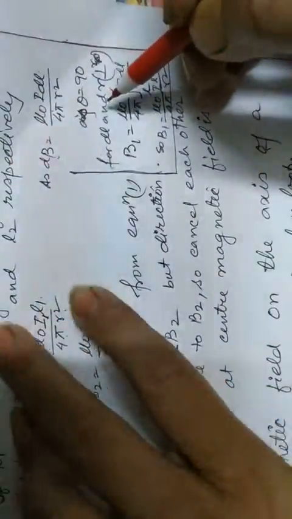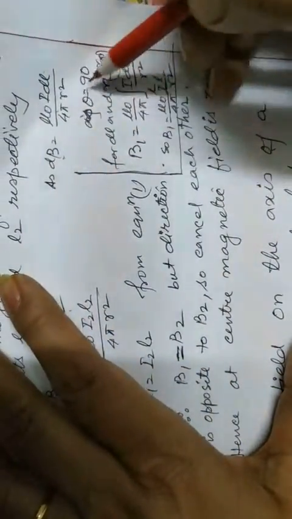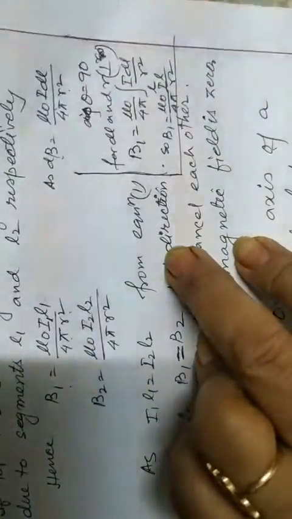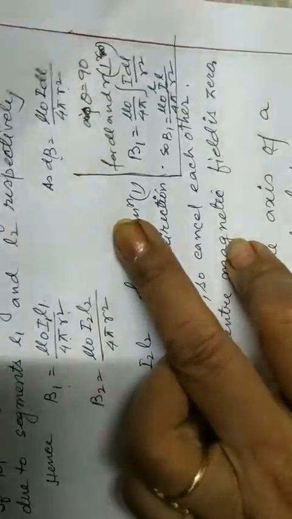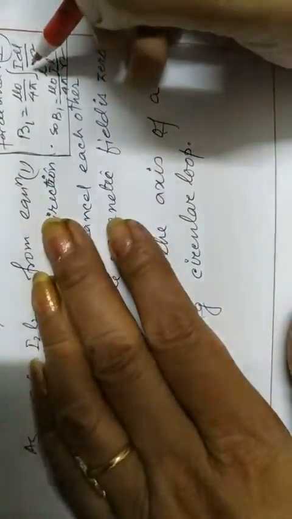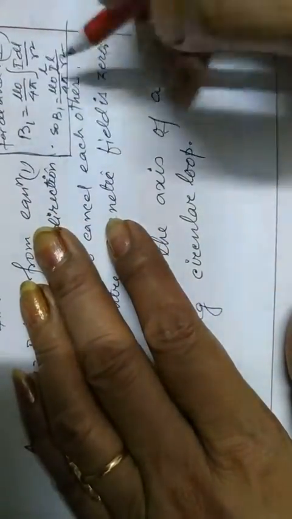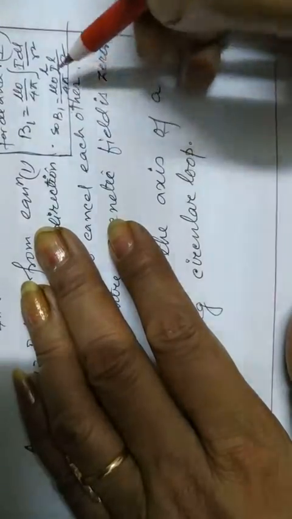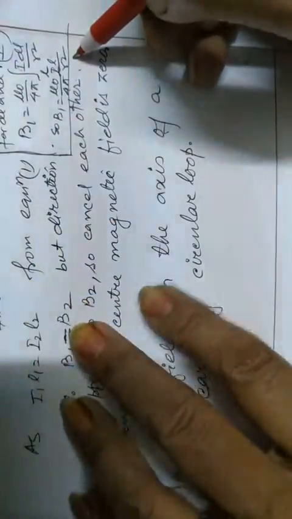Here we use the formula dB is equal to mu 0 I dl sin theta by 4 pi R square, where theta is 90 degree. By integrating for the length L1, we get B1 equal to mu 0 by 4 pi I L by R square.